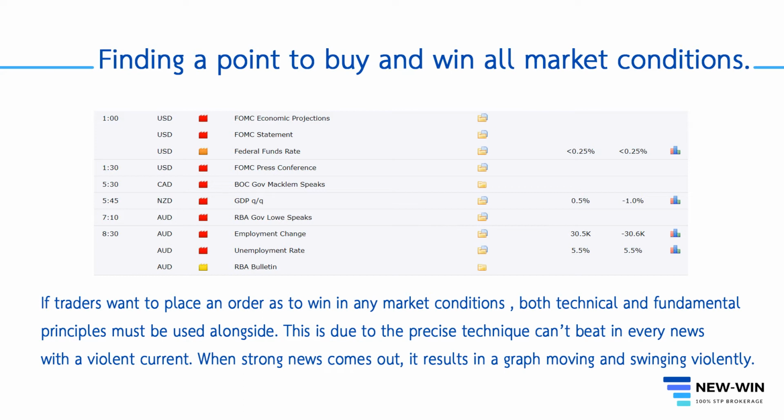One of the news that should not be overlooked is non-farm, the U.S. employment rate report, which is announced every first Friday of the month at 7:30 p.m., and some months may announce at 8:30 p.m. At the time of the non-farm announcement, the movements of the various currency pairs often have very high volumes, and the market tends to have severe volatility. Most professional investors avoid trading during non-farm news because of the high risks.